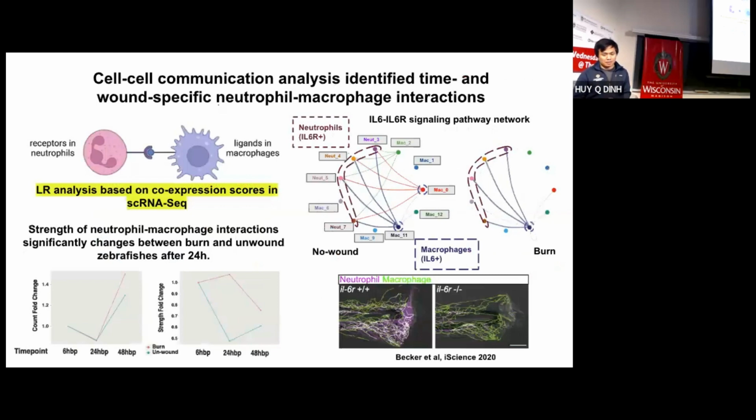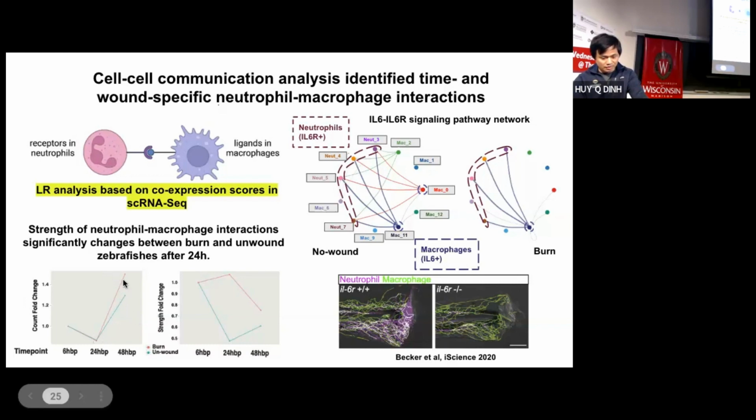There are a number of results that came out of that analysis, but I want to present this. When we did the cell-cell communication, we asked how the interactions between neutrophils and macrophages are changing. One of the things we found interesting is that in terms of the number of statistically significant interactions we infer, the first and second time points are not much different between burn and no wound.